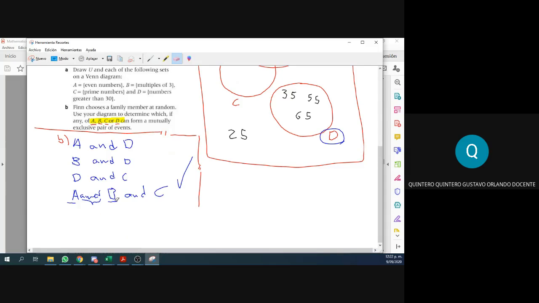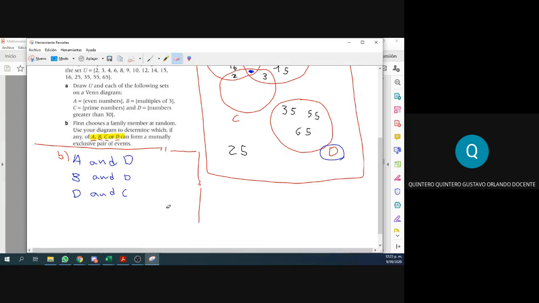Also, I will not accept the third one, because as I said at the beginning, some books accept mutually exclusiveness in groups of 3 or groups of 4, but usually, and especially for the IB, we only accept mutually exclusiveness in pairs, in couples. So these are the only 3 possibilities. All right?